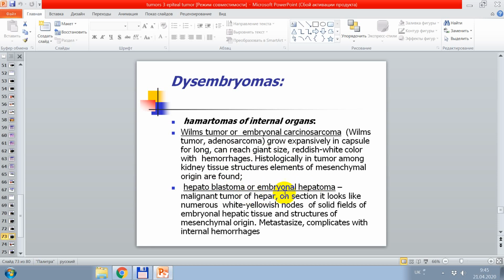Hepatoblastoma or embryonal hepatoma is a malignant tumor of the liver. On section, it looks like numerous white-yellowish nodes of solid fields of embryonal hepatic tissue and structures of mesenchymal origin. Metastasis is complicated with internal hemorrhages.